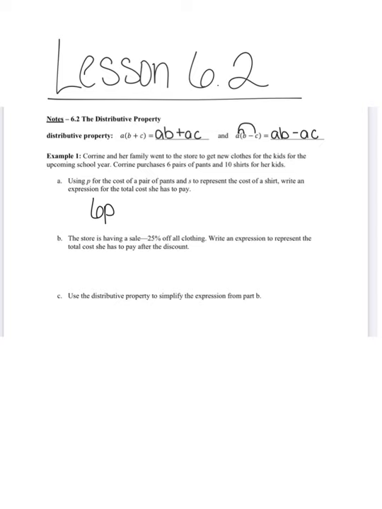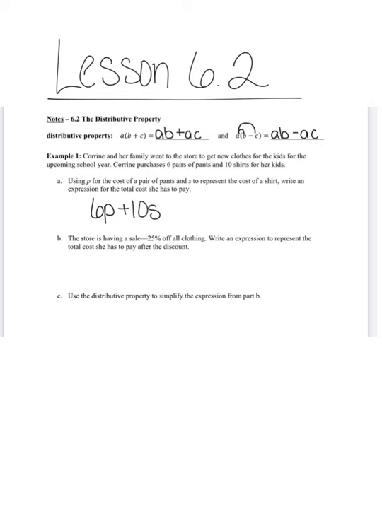And then we also have the 10 shirts, and to find that total cost, we would take 10 times S. The reason why we would add them is because we would use this expression to find the total cost, because we're going to pay for both the pants and the shirts. So our final expression here is 6P plus 10S.